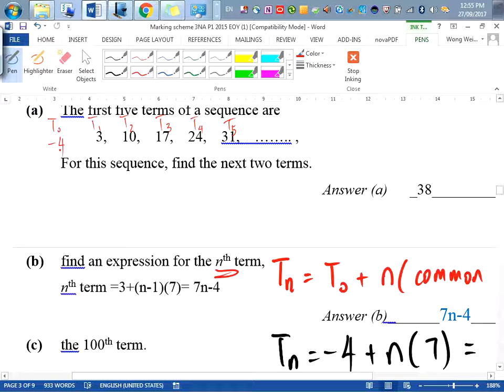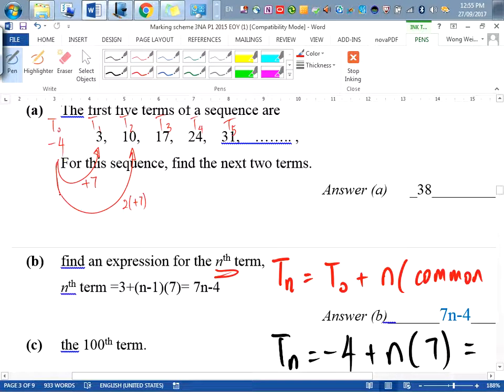How do I get from T0 to T1? Plus 7. What about from here to here? How do I go from T0 to T2? Plus 14, which is actually plus 2 times 7, right? Or we can write it as 2 times 7, right?